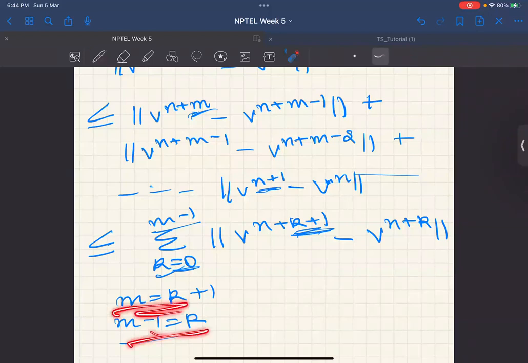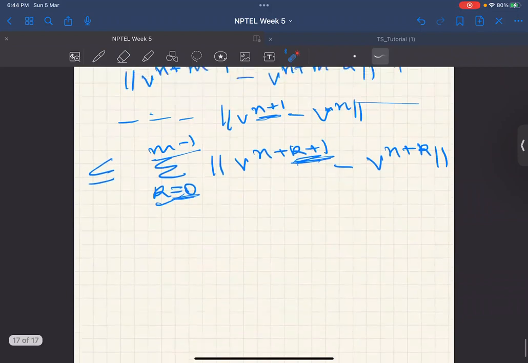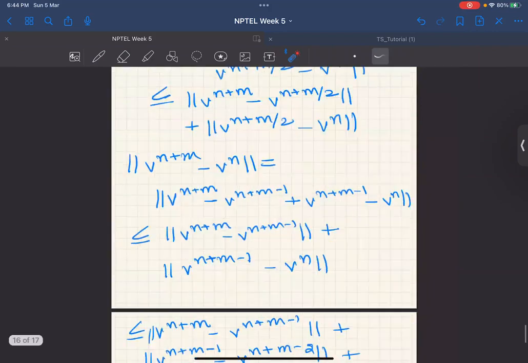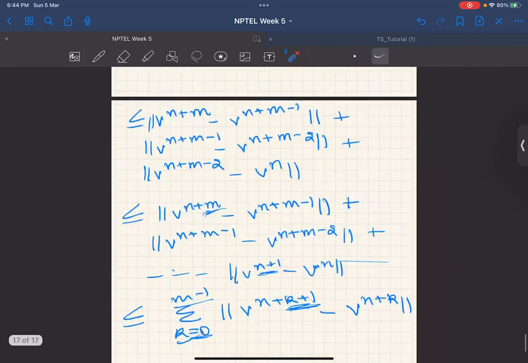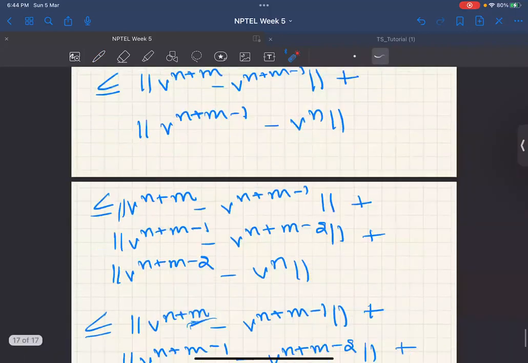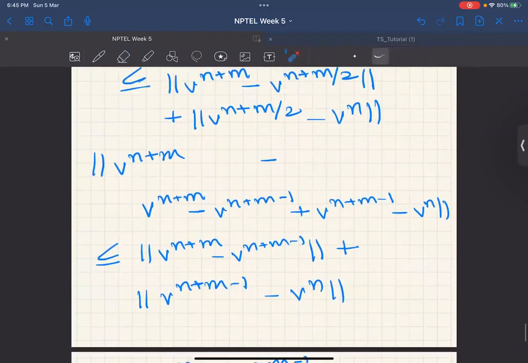You got this? If I'm saying that m is equal to k plus 1, I'm just taking m minus 1 here, and this is minus Vn, where k is 0 here. Yes. This expression was given directly in the lecture, so it took me time to see how we came to it.